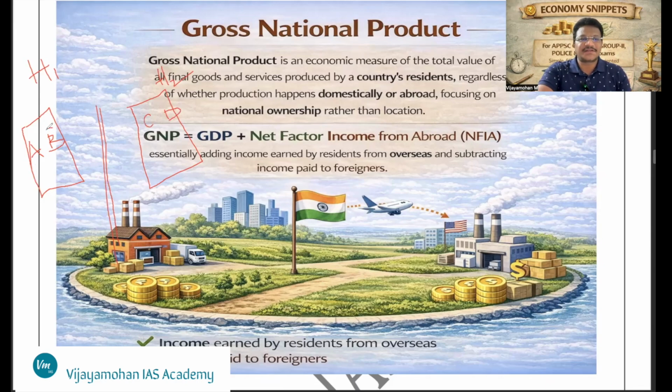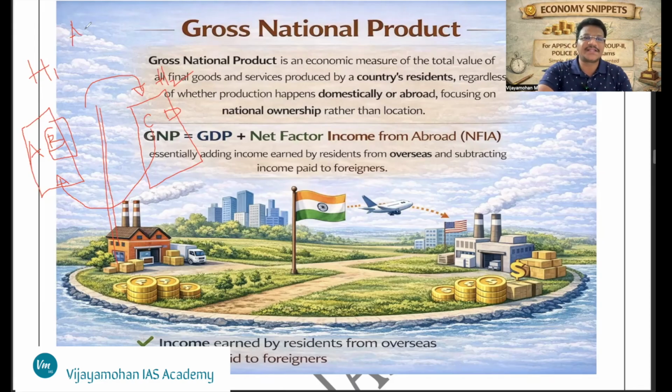For some reason B went to USA, and for some reason C came to India. So in order to calculate the gross national product in this scenario, you have to calculate from India's perspective.